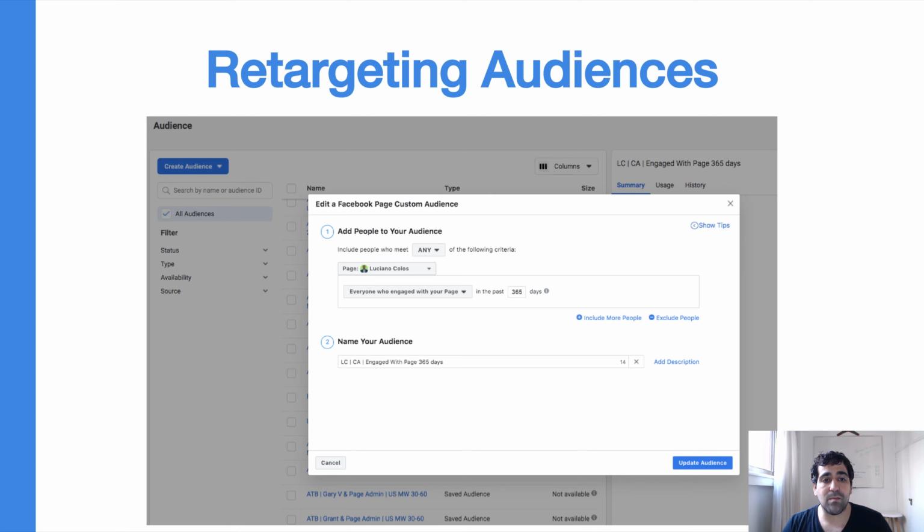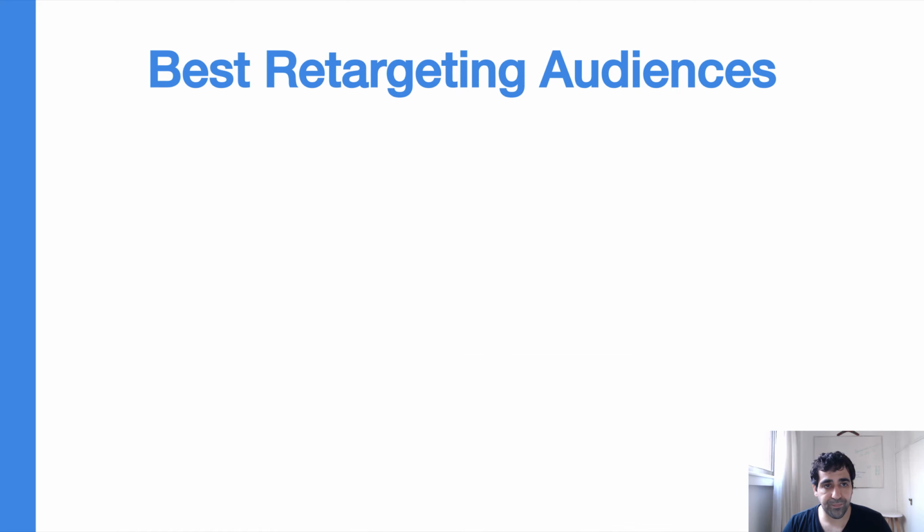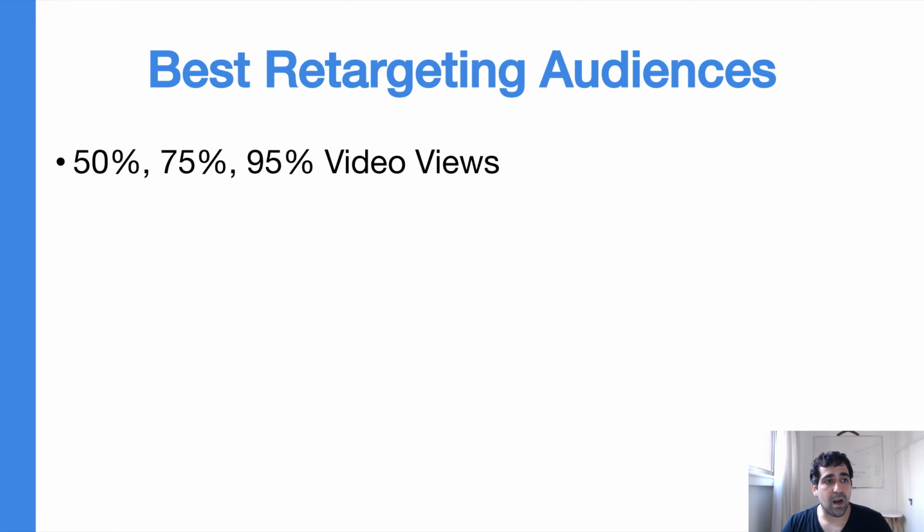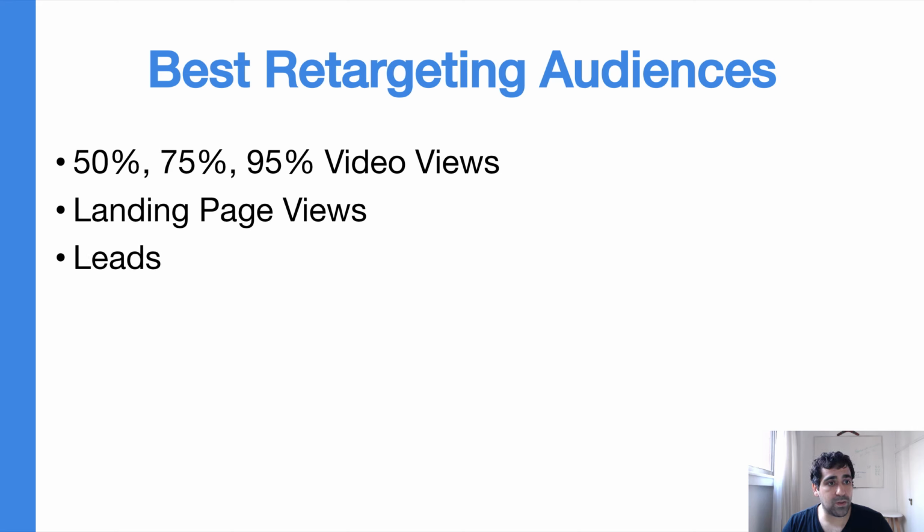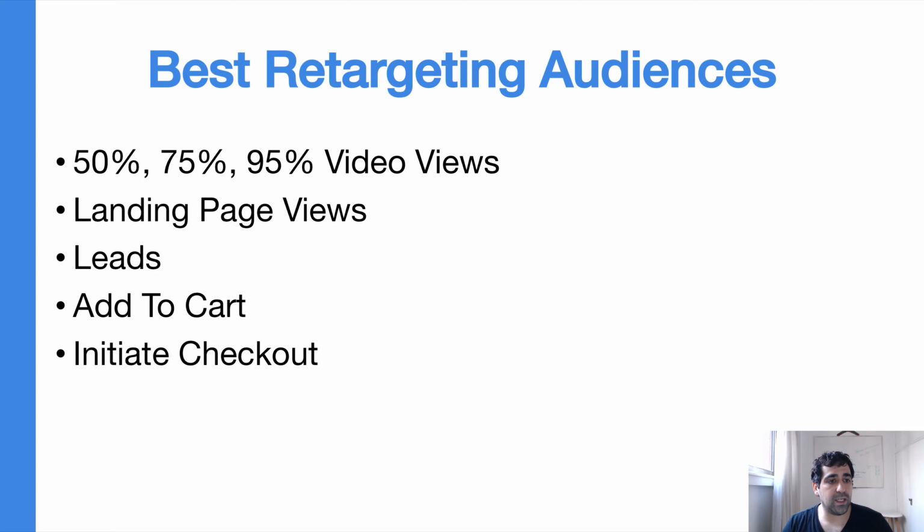Then I want to launch new ads because they are my warm audience, and I'm going to be doing retargeting ads to them. The best retargeting audiences that I've used and I've seen other people using are 50%, 70%, and 95% of video views, that is, videos that you might have on your page, then landing page views, then the leads, adds to cart, initiate checkout, purchase.